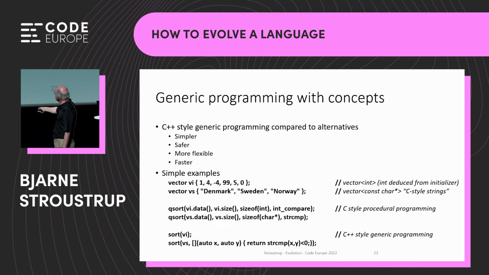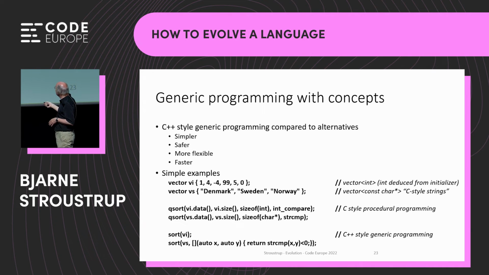Now, some types are really ill-behaved, like C-style strings, that don't actually compare the contents of the string with equality. It sorts pointers. So we can provide an operation, a lambda, to do the comparison and add this to the call. So we have flexibility.